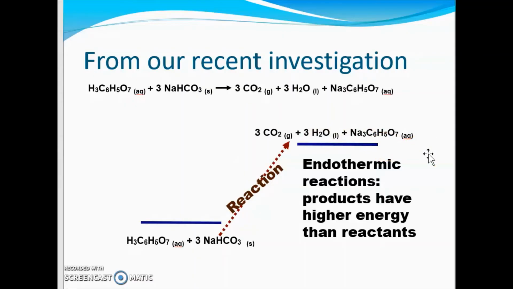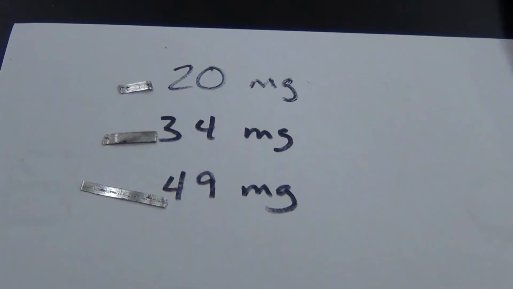So we have a name for reactions like this where the products have higher energy than the reactants. Those are endothermic reactions. I like to say it endo, like in. You can hear that N in and N in endo. That's energy going into the system. It is endothermic.